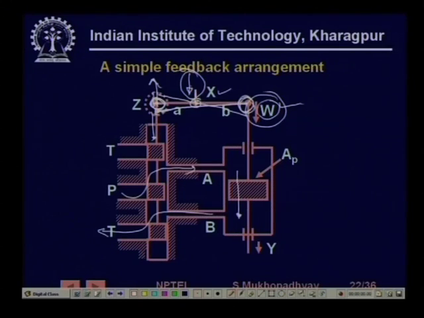If W is the fulcrum and an amount X is applied, then the motion here is going to be B by A plus B into X. On the other hand, if you fix it here and apply a motion W here, then the motion here is going to be A by B into W. So, what is the final motion Z?